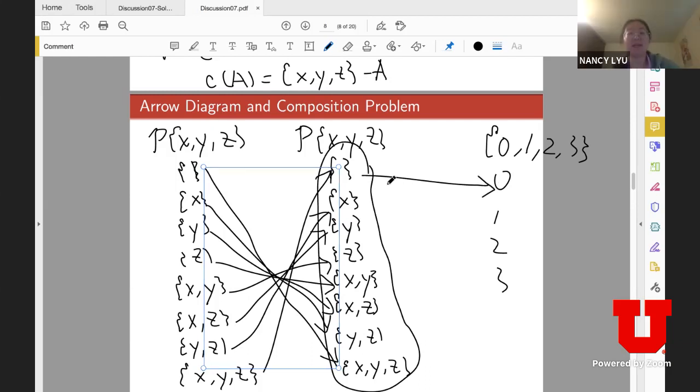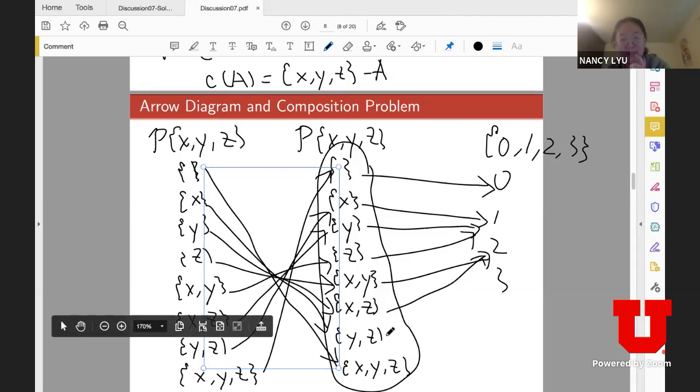Yes, the empty set has 0 elements, and X goes to 1 because there's only 1 element in the set X. Similar for Y and Z. XY should be 2, XZ and YZ too, and the last, XYZ, should have 3 elements.